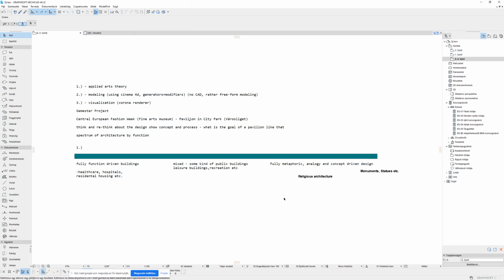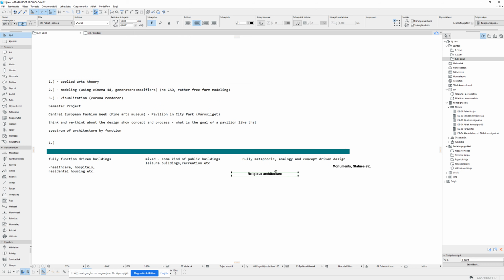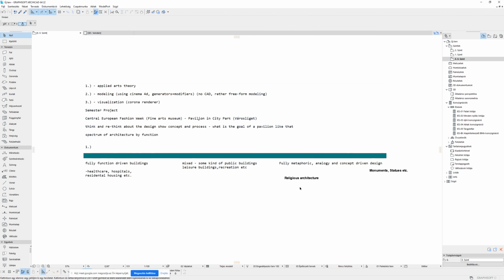There are some rules, but it's true that you have a huge freedom in forming this kind of type of buildings. So that was a really good one. And let's say if religious architecture is somewhere here, what do you think?